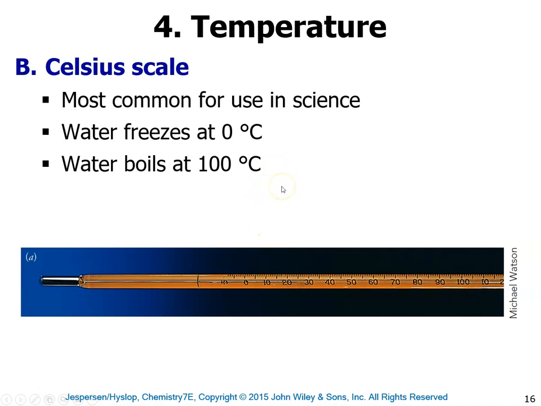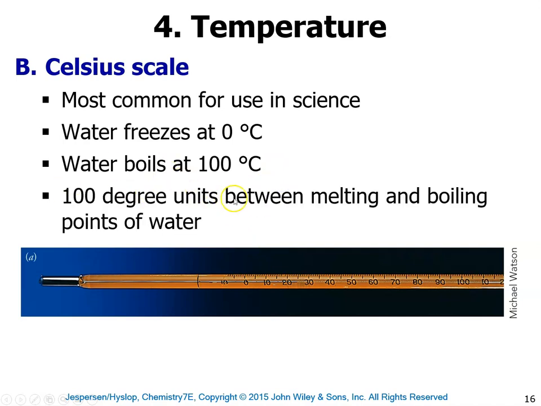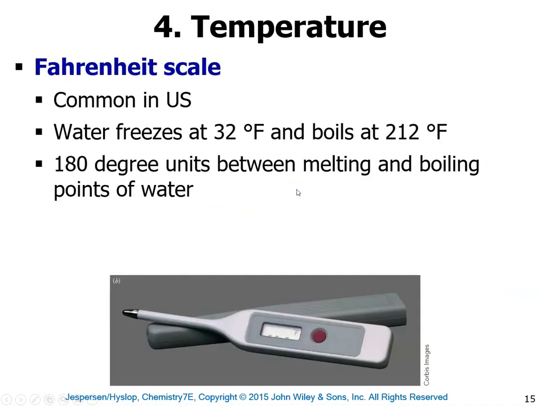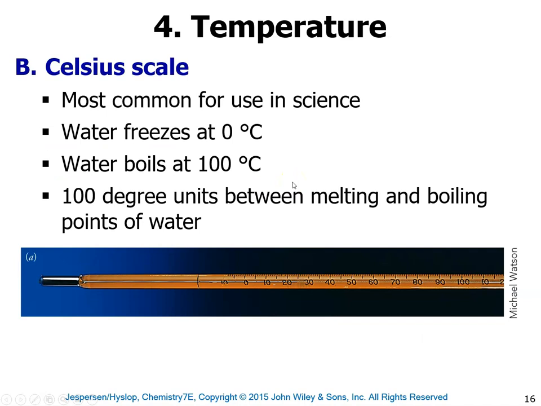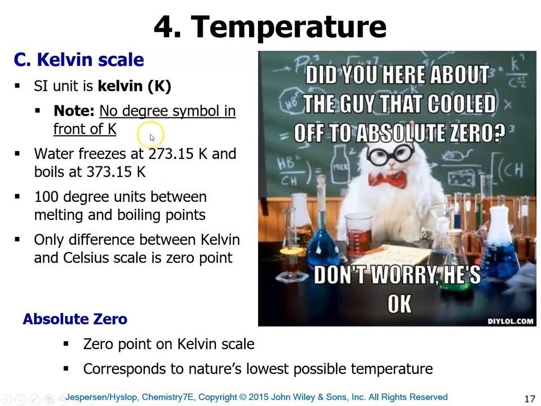It boils at 100 degrees Celsius, and there are 100 degree units between those points versus the 180 degrees. So these don't easily convert between each other. There's a little more complex way to convert those, and we're not going to go into detail about that, but there are, again, apps or ways that you can easily convert from Celsius to Fahrenheit if needed.